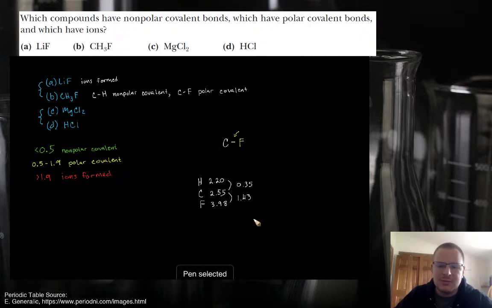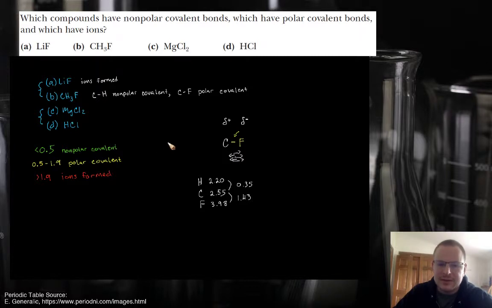When we have carbon bonded to fluorine, fluorine will assume a partial negative charge and carbon will assume a partial positive charge, because fluorine is sucking more of the bonding electrons toward it with an electronegativity of 3.98 than is carbon with an electronegativity of only 2.55.